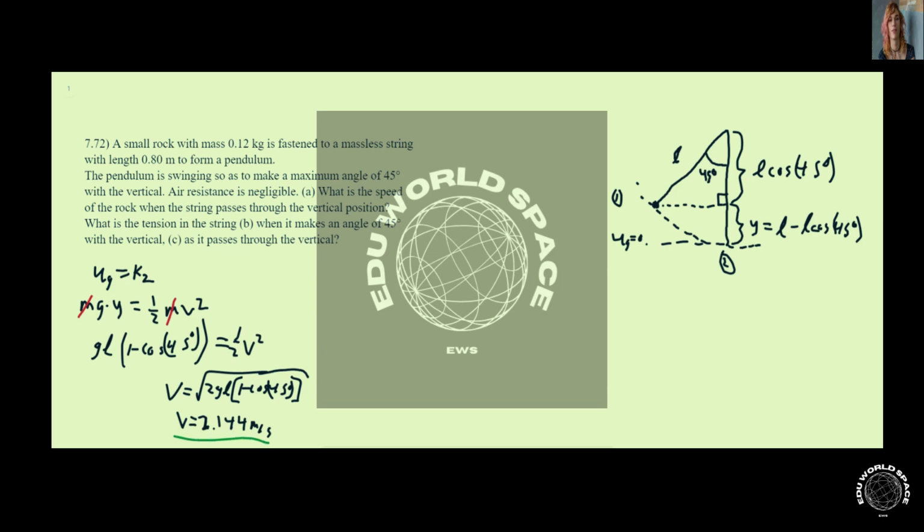Part B, we are asked to find what is the tension of the string when it makes an angle of 45 degrees with the vertical. Okay, so for this, we need to set up a free body diagram. A free body diagram basically just takes our point, and we assign all the forces that are on it. So at a 45-degree angle, we have our tension, and directed straight downward is our mass times gravity.